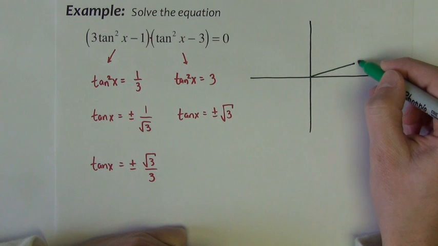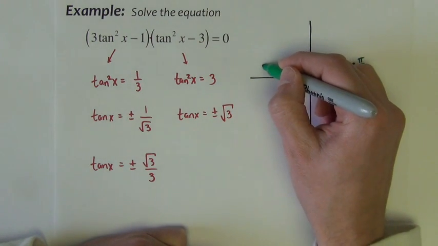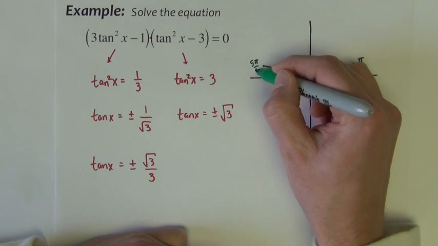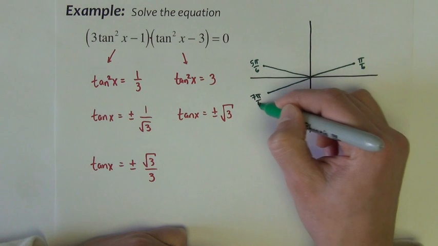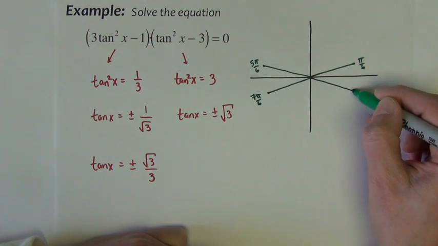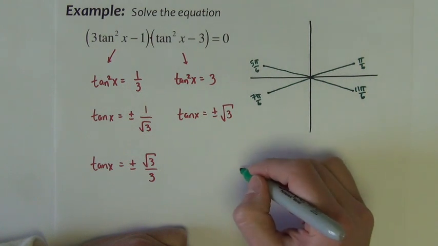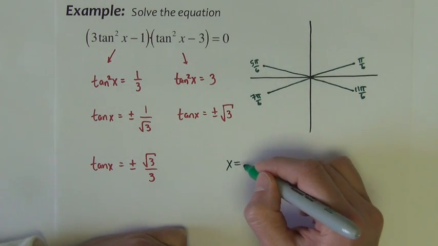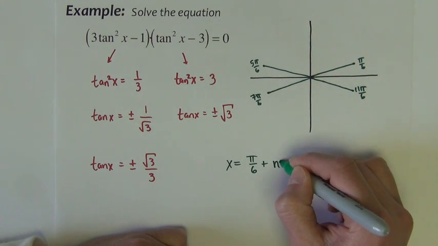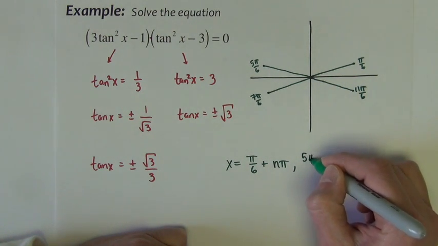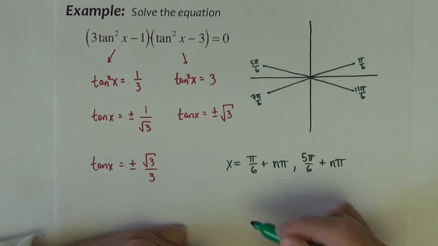So that is this one, pi over 6, 5 pi over 6, 7 pi over 6, 11 pi over 6. So let's write those answers out. I could take pi over 6 plus n pi and 5 pi over 6 plus n pi.